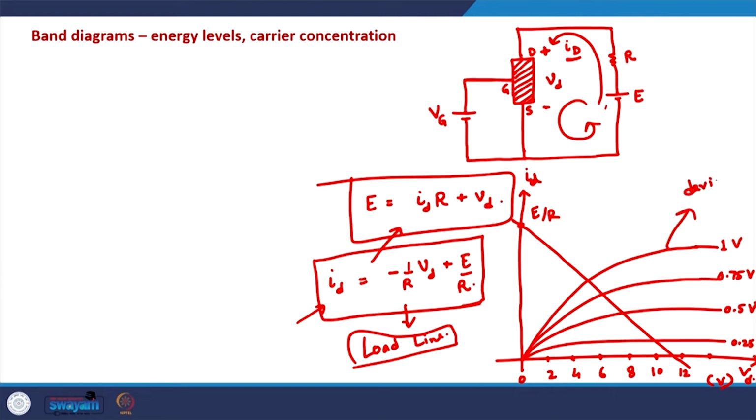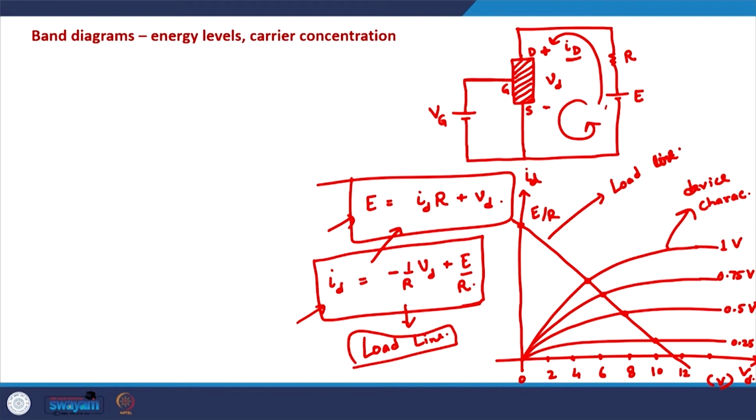So these are the device characteristics lines, and this is the load line. The operating point will be at the intersection points, because at the intersection points both KVL and device characteristics are satisfied.